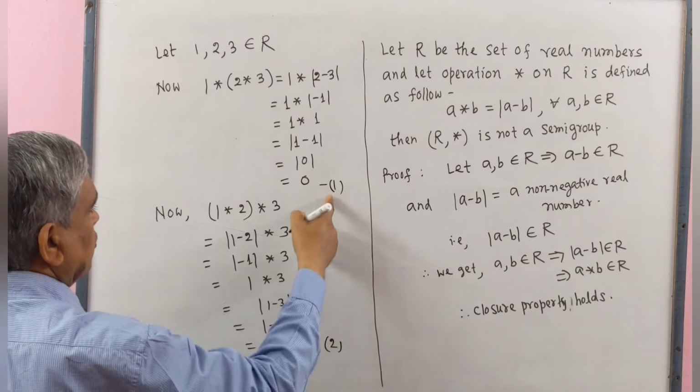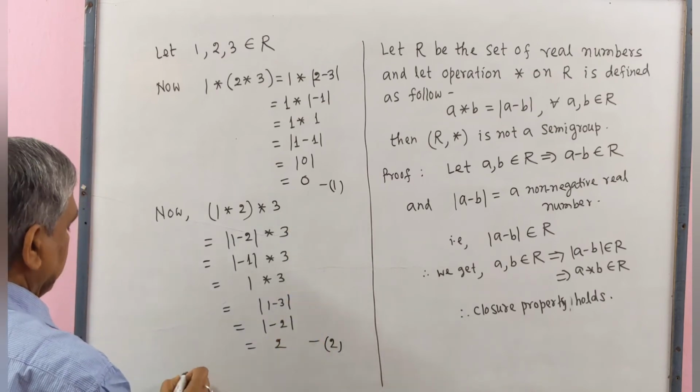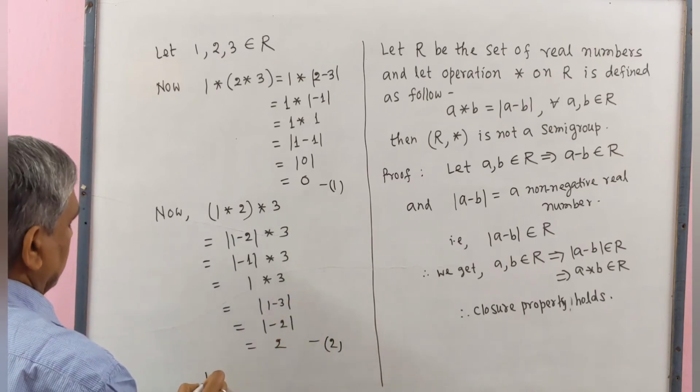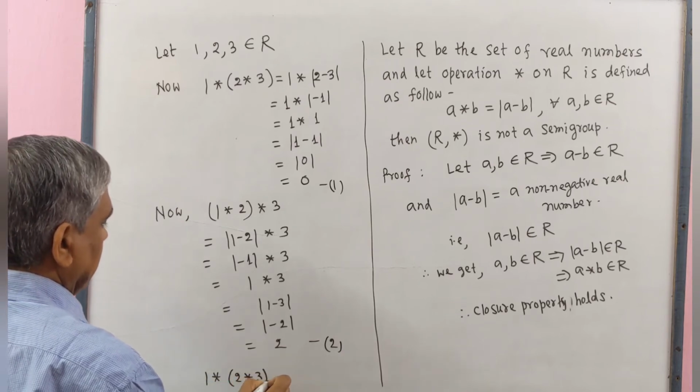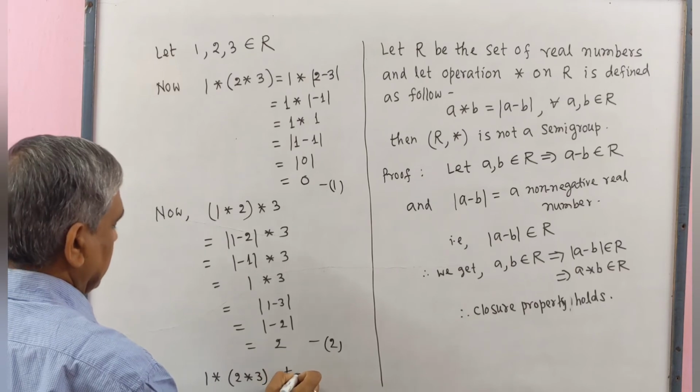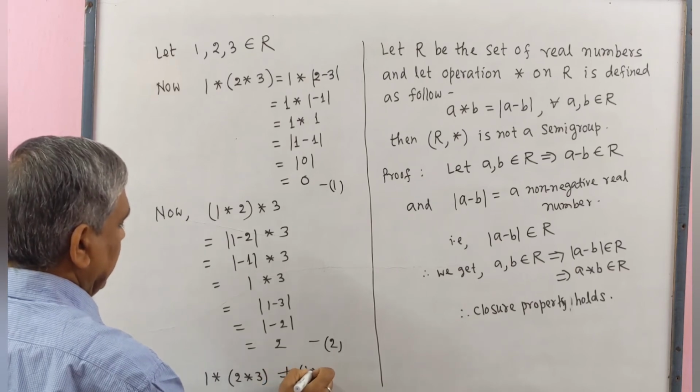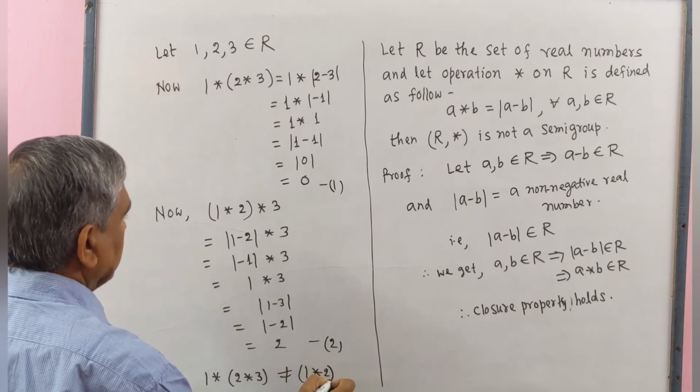From 1 and 2 we get 1 star (2 star 3) not equal to (1 star 2) star 3.